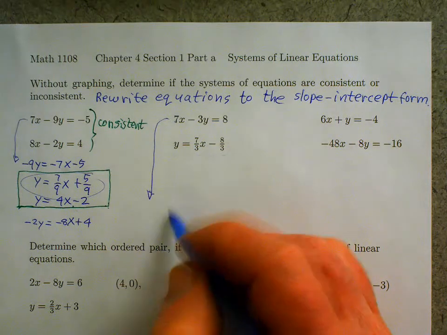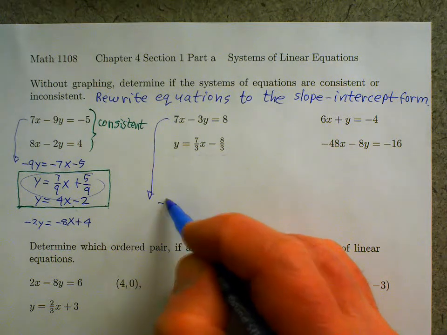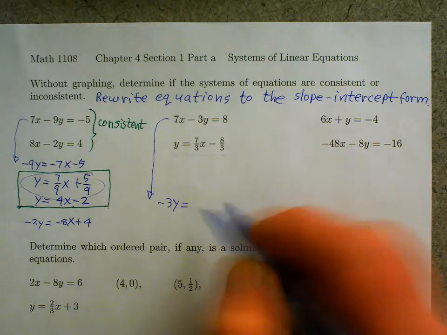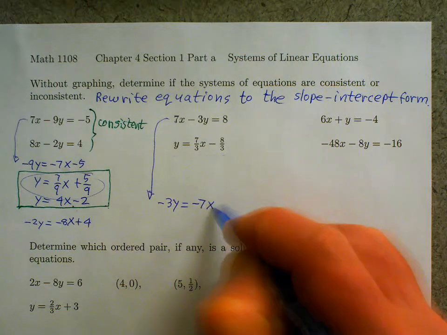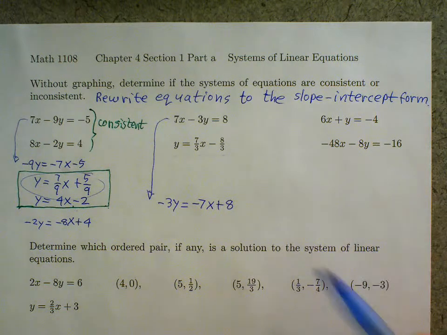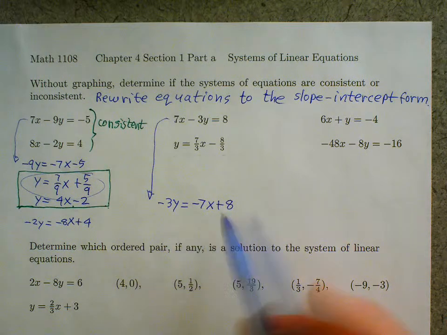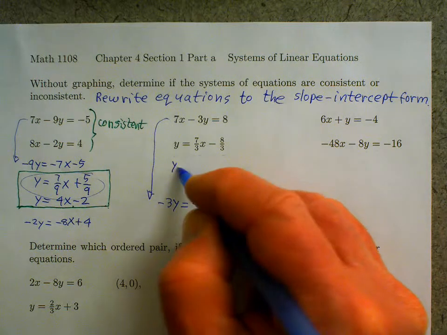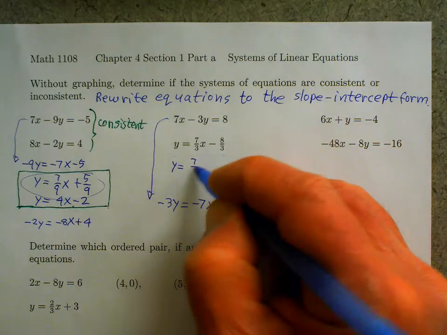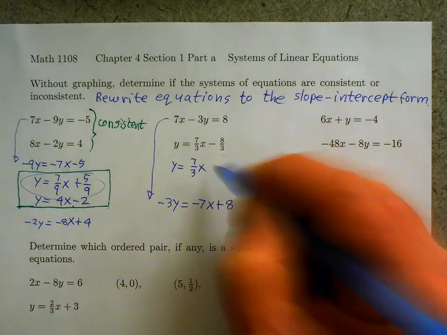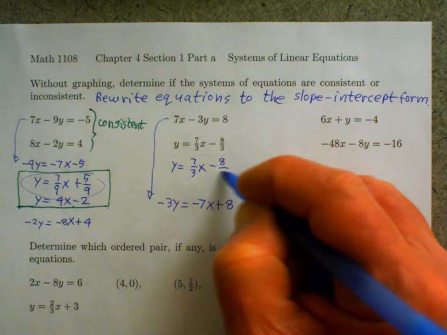So subtract 7x from both sides, we get negative 3y equals negative 7x plus 8. Then divide every term on both sides by negative 3, and we get y equals positive 7/3 x minus 8/3.